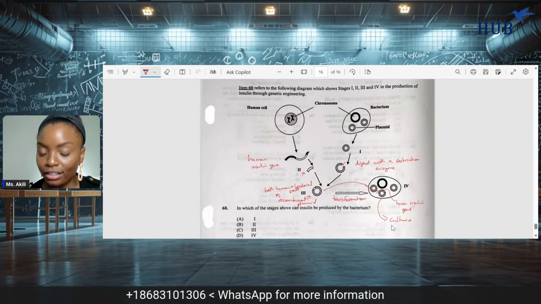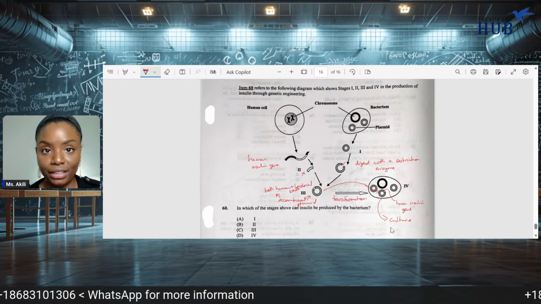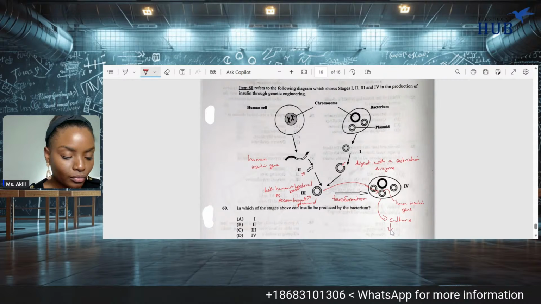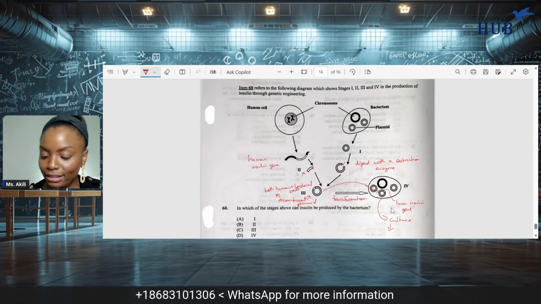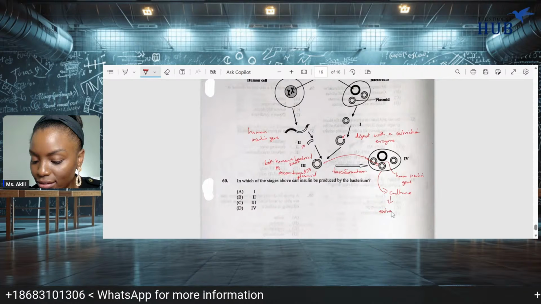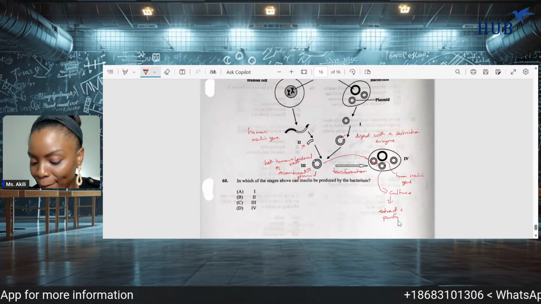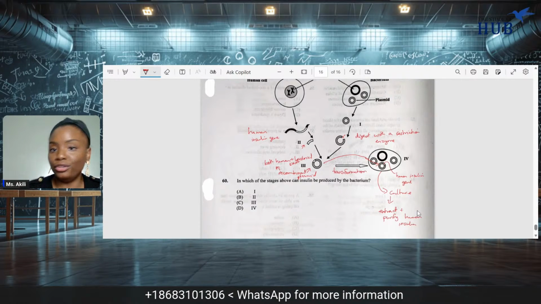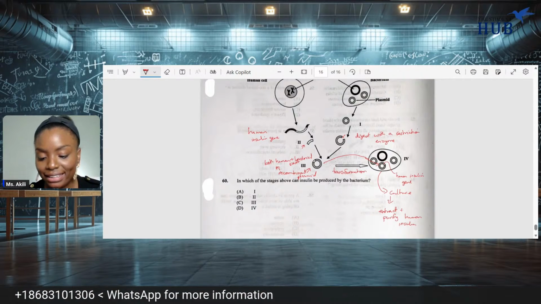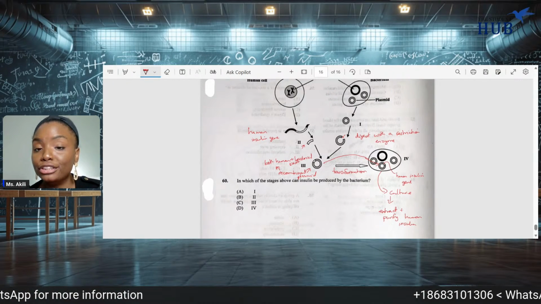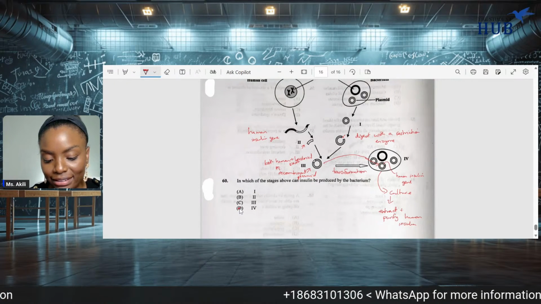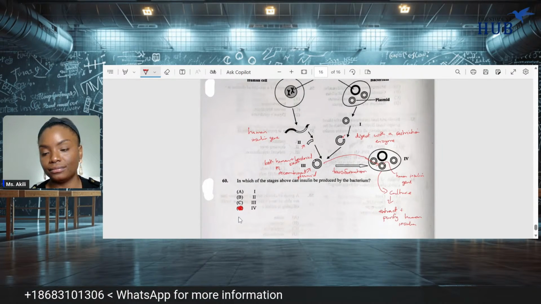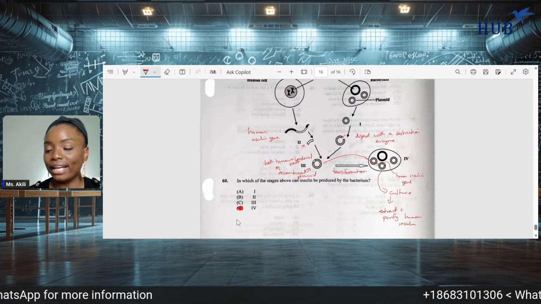So we culture, increase the population of the human insulin gene carrying bacteria, and after a while extract and purify the human insulin and package it for use by diabetics. So the stage at which insulin can be produced by the bacterium is stage 4, when we get that recombinant plasmid back into the bacterium. I hope that makes sense.